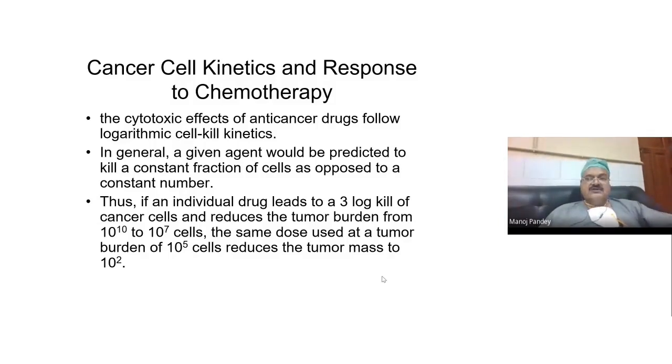This is not universal for all drugs, but it is generalized for drugs which act independent of the cell cycle. If a drug acts in all phases of the cell cycle, you will usually get logarithmic cell kinetics. But if it is cell cycle specific, then the cell kill will depend upon the number of cells present in that particular phase of the cell cycle.